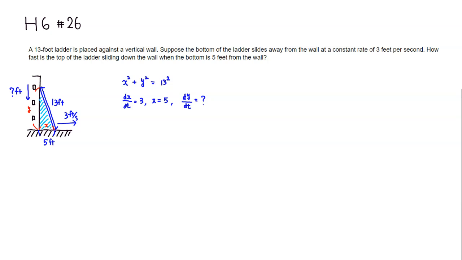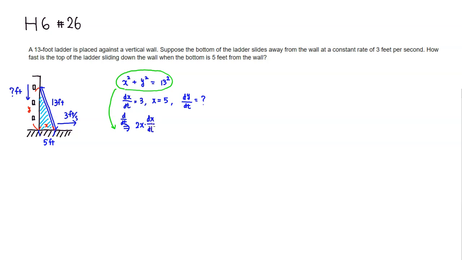In order to get the derivatives involved, we want to take the derivative of this Pythagorean theorem with respect to t. So the derivative of x squared would be 2x multiplied by dx over dt.